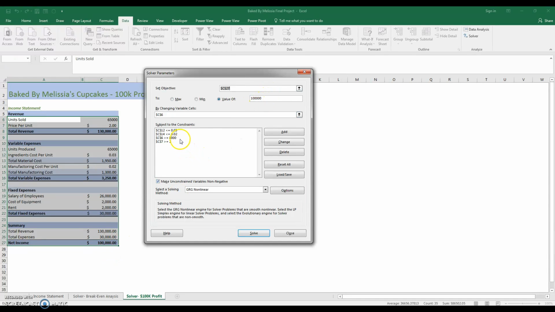And some other constraints that I made were for C14 and C12, which is the ingredients cost per unit. I set that at a maximum of 0.03, because like I said before, we make everything in bulk. We don't want to use more than necessary, even though it's the holiday season.